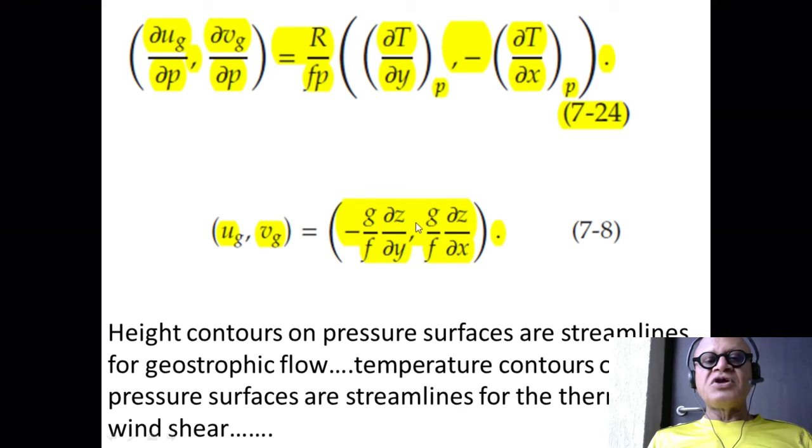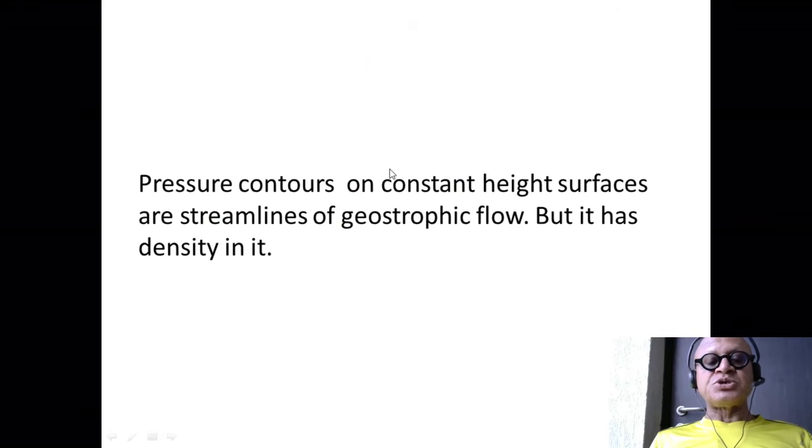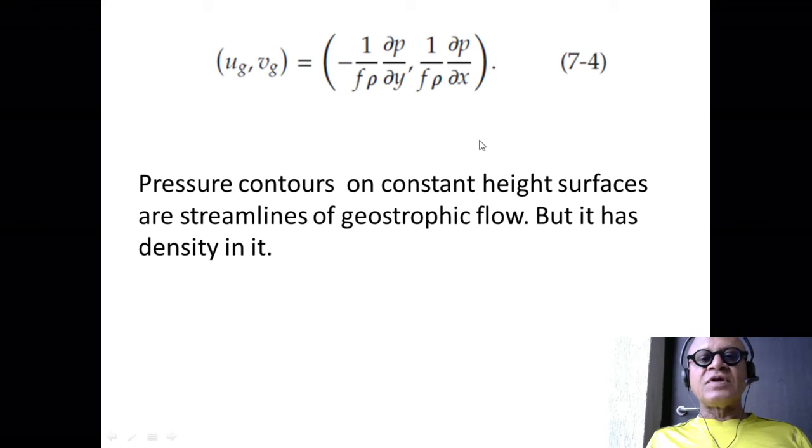Geostrophic flow appears as height contours on pressure surfaces, whereas geostrophic shear or thermal wind shear appears as streamlines of temperature, or contours of temperature on pressure surfaces. So we can look at this and we can avoid density, obviously.